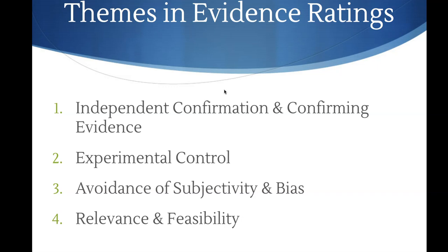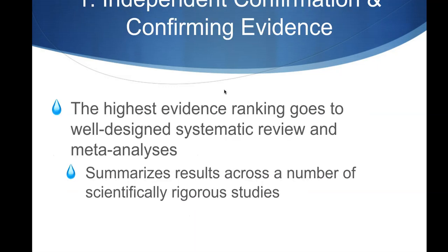What's really important to researchers when it comes to what gets rated higher or lower? Number one, independent confirmation and confirming evidence. Number two, experimental control. Number three, avoidance of subjectivity and bias. And number four, relevance and feasibility.